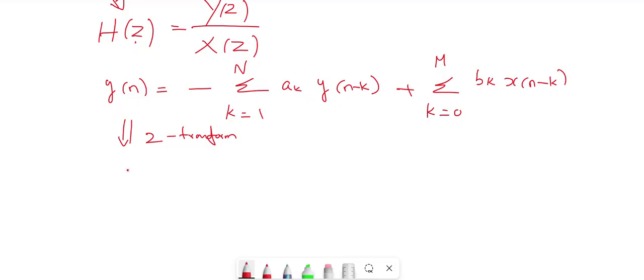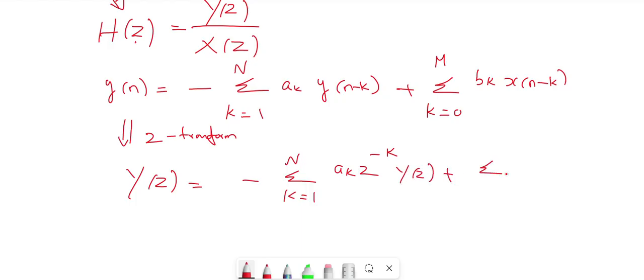So y of z is equal to minus the summation of k equal to 1 to n a k into z to the minus k into y of z, plus the summation of k equal to 0 to m b k into x of z into z to the minus k.